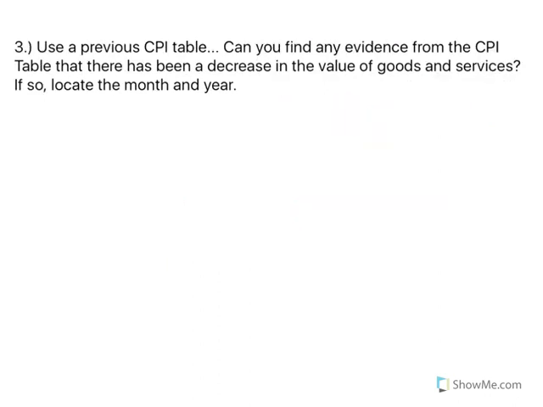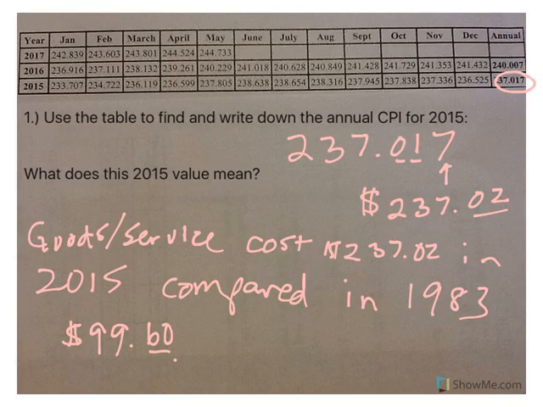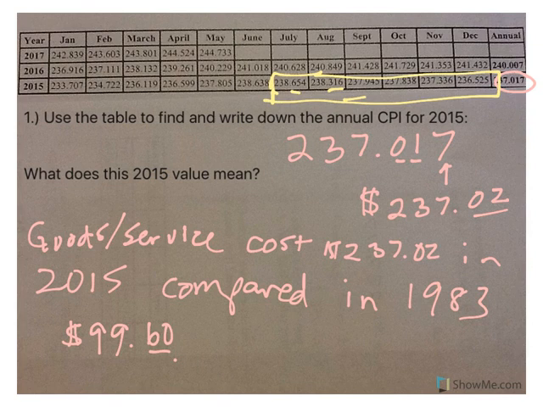From the previous CPI table, is there any evidence that there's been a decrease in the value of goods and services? So I'm just going to backtrack, and we're looking at this table. You're comparing month to month, year to year. Are there any decreases? Hopefully you can check this out, but you'll notice here, I believe in July of 15, we're at 238.654. Notice how it goes down slightly. At the end of 2015, from July to December, our values decrease, right?